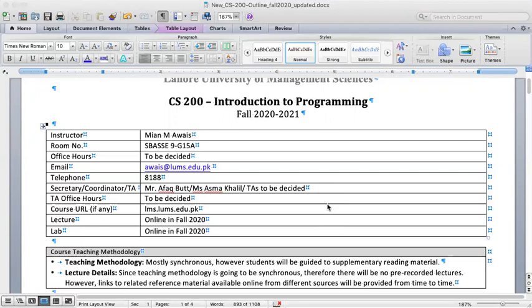Okay, in CS100 you have studied the basics, and just to revise some of the stuff, we'll be going over some of the basic stuff in the first two sessions.